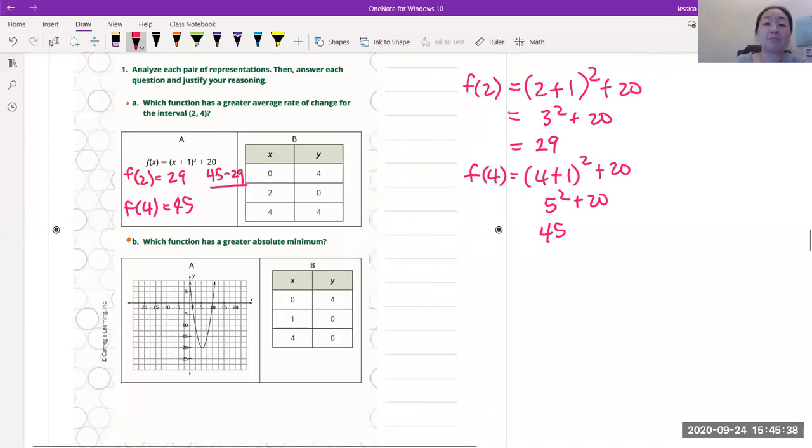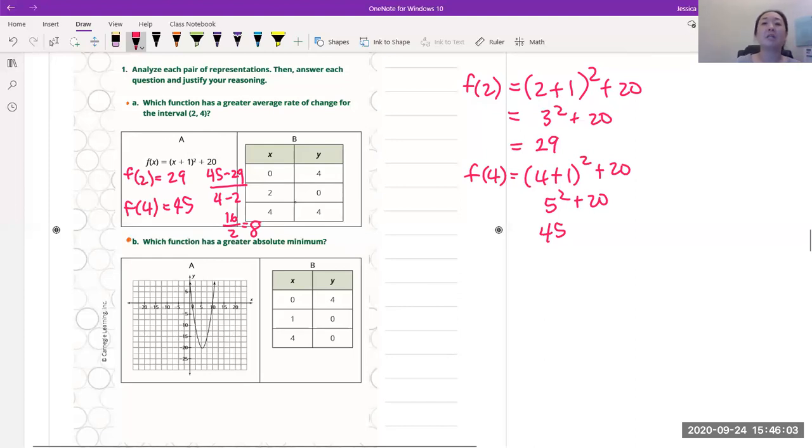So how big is that? 2, or what we would say is 4 minus 2. So this would be 45 minus 29, 16? I want to say 16. I have nobody else to check me, so I'm going to borrow my calculator really quick. So that's going to be 16 over 2, which is going to be 8. Okay, so this A speed is 8.